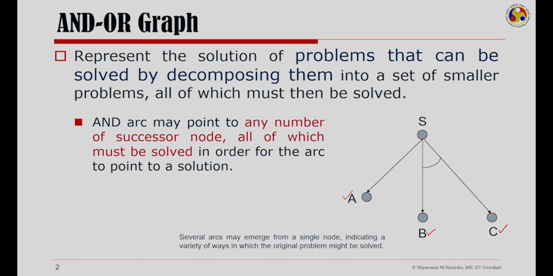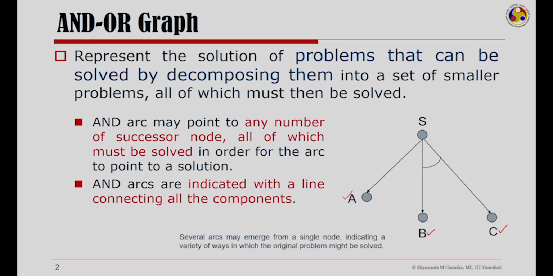Here in the example that we were looking at, B and C both need to be solved to solve S. AND arcs are indicated with a line connecting all the components. So, for B and C, which are AND arcs, we will use this arc here to indicate that it is an AND arc.